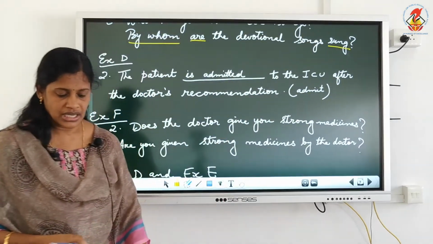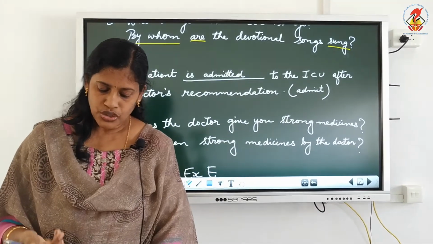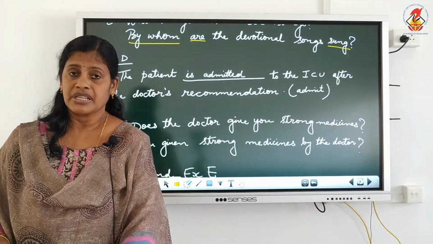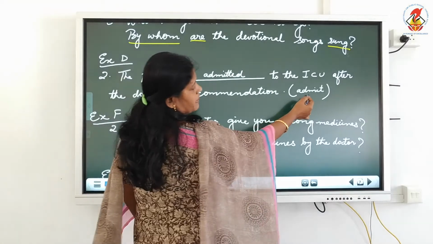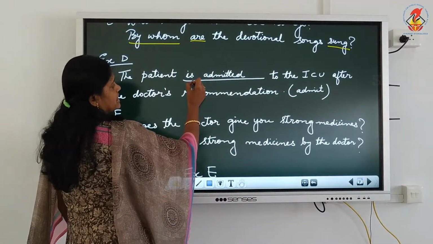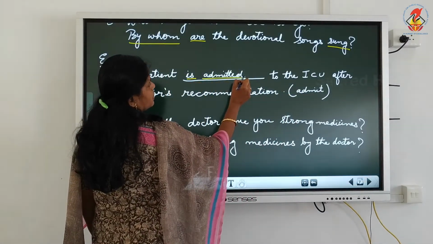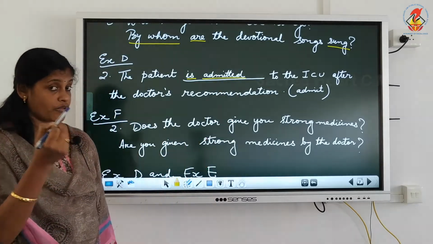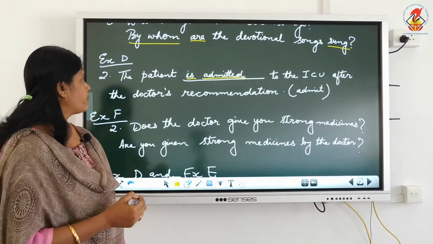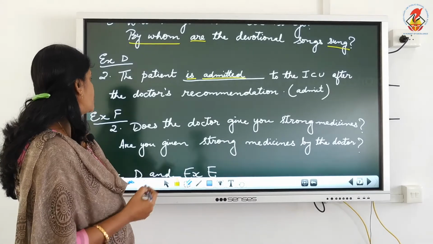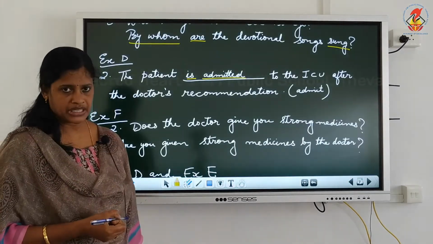The patient dash to the ICU after the doctor's recommendation. The verb is admit. So you will write the patient is admitted. The past participle form of admit, admitted. The patient is admitted to ICU after the doctor's recommendation.